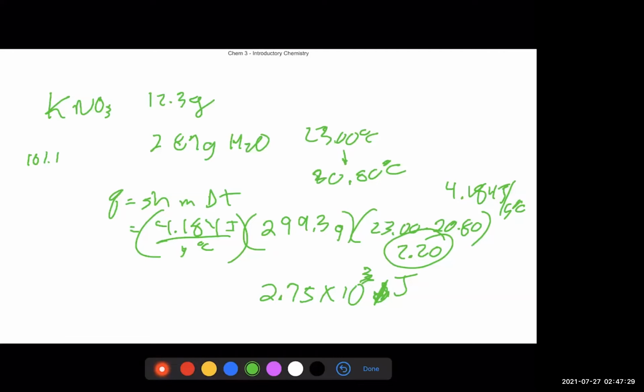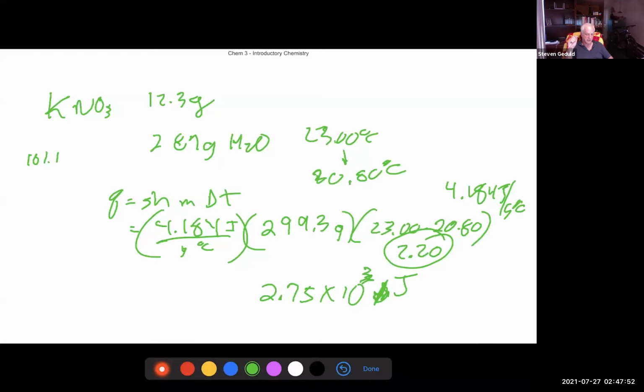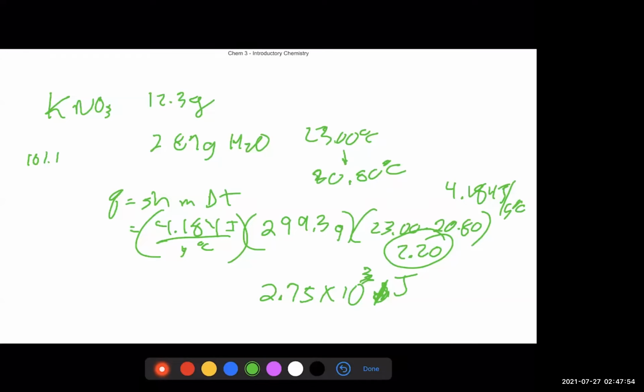Still. No, it should be right. Unless it's significant digits or something, because 4.184, 299.3 grams, and a change in temperature of 2.2. Did you use that for the calculation of the enthalpy? Because you have to use this for the second one.